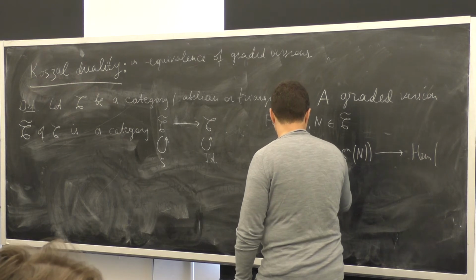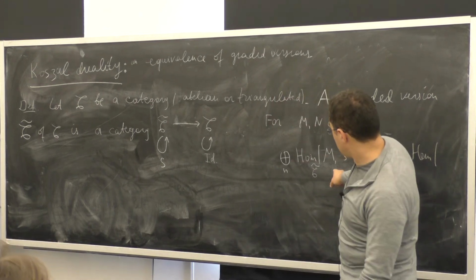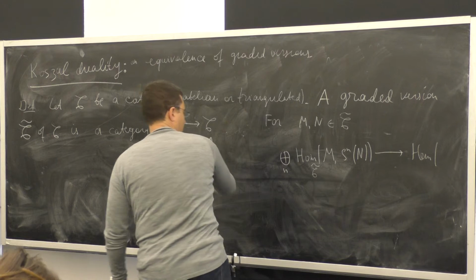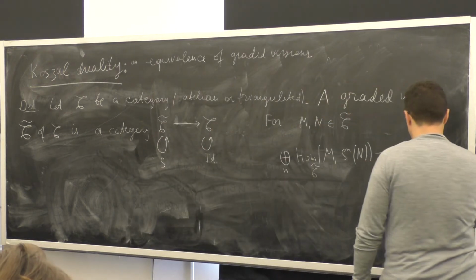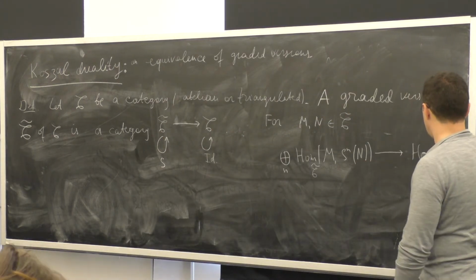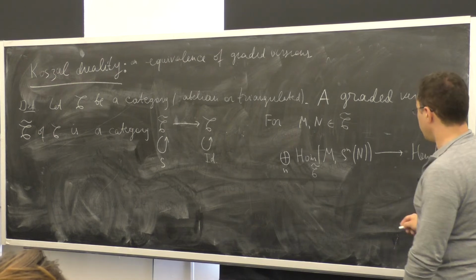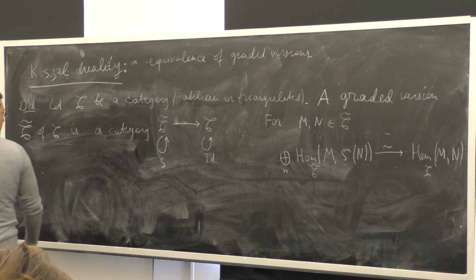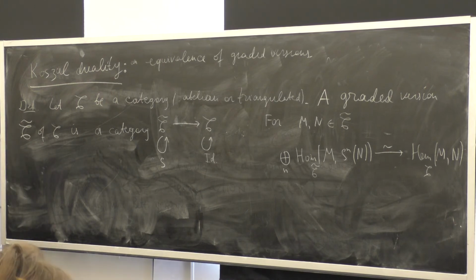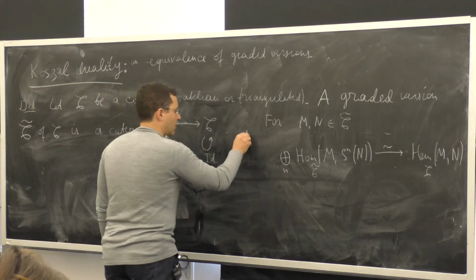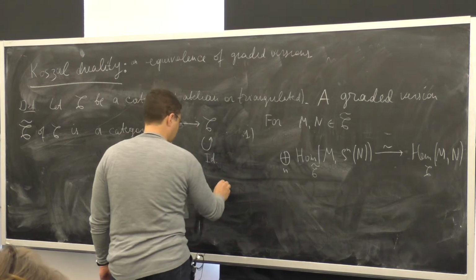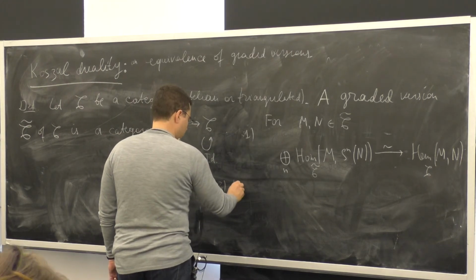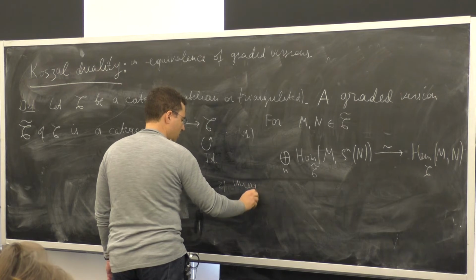I will just abuse notation by using the same letter for the object here and the object here, but I'll just indicate where I compute the Homs. And the requirement is that this is an isomorphism for all M, N, and then that the image of C tilde generates C.